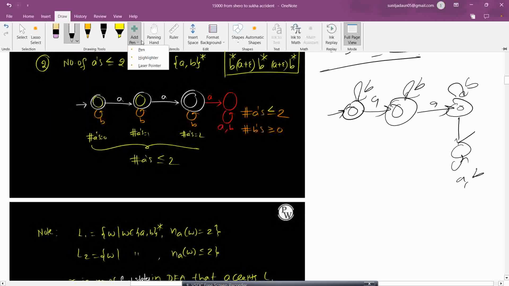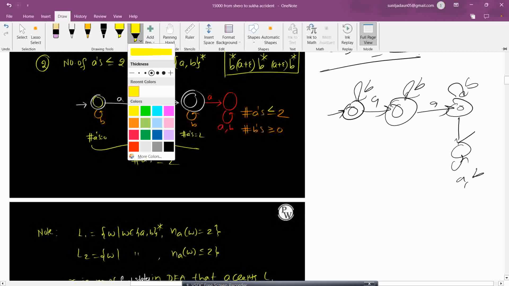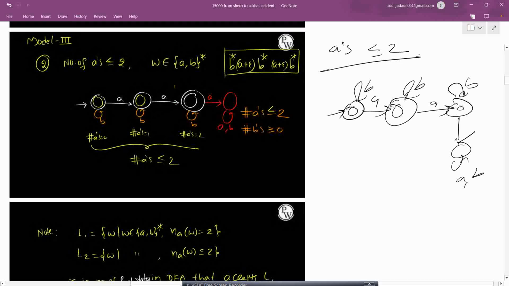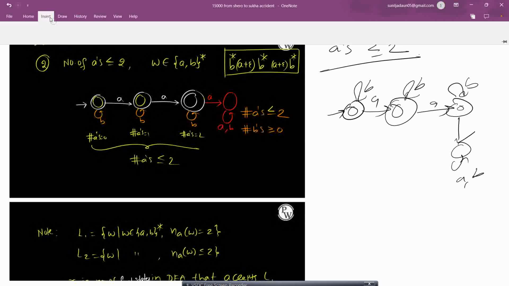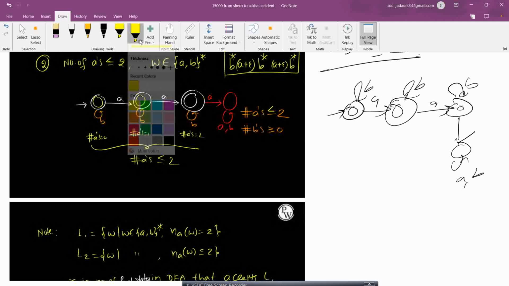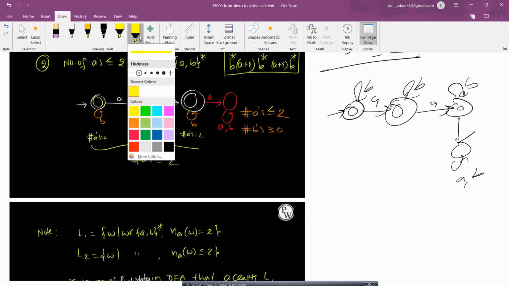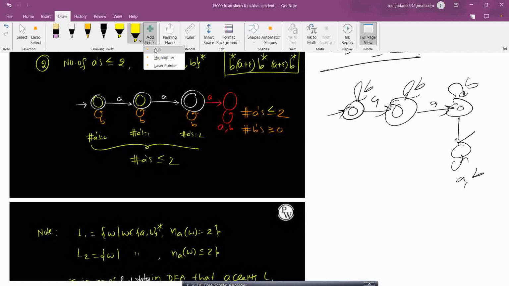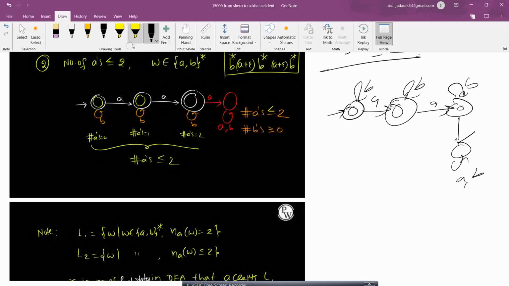How can I change the pen highlighter? I think pen. No, I wanted. Oh yes, I added a pen here with the color.